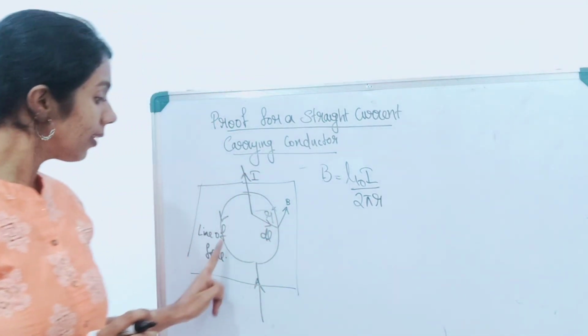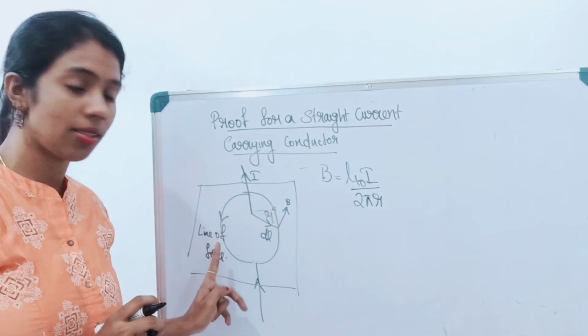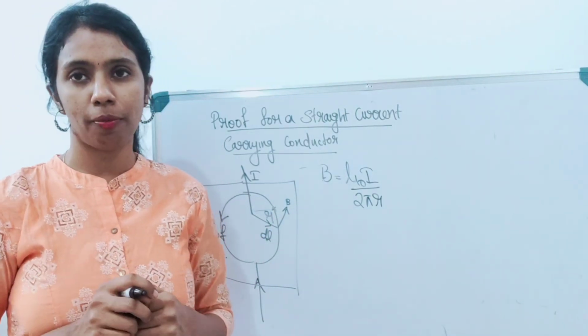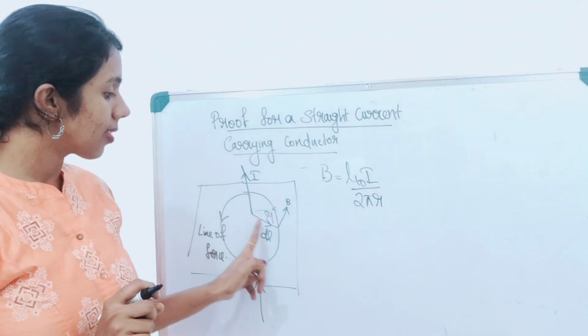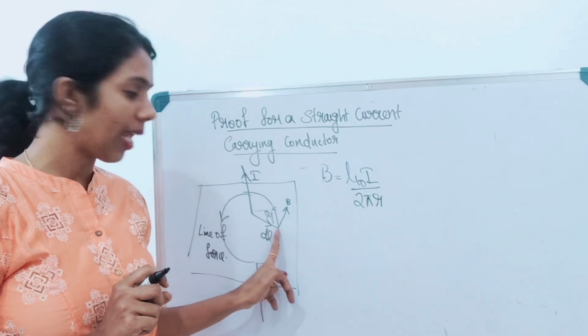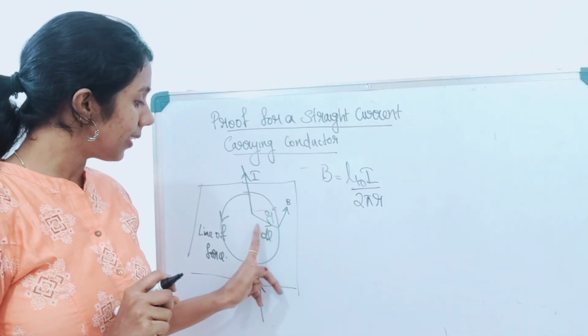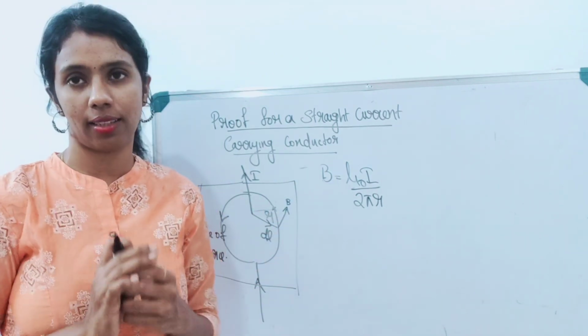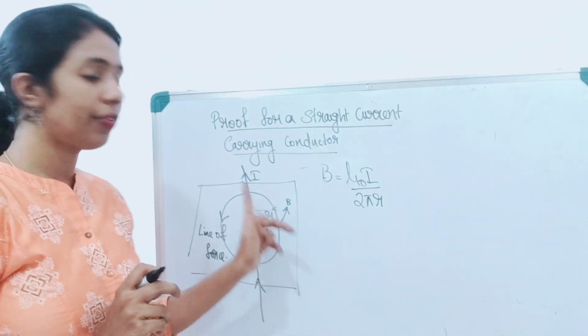Now the magnetic field is along the circumference of this circle. In order to find the line integral of the magnetic field, we consider a small current element dl, and both dl and the magnetic field are tangential to the circumference of the circle.